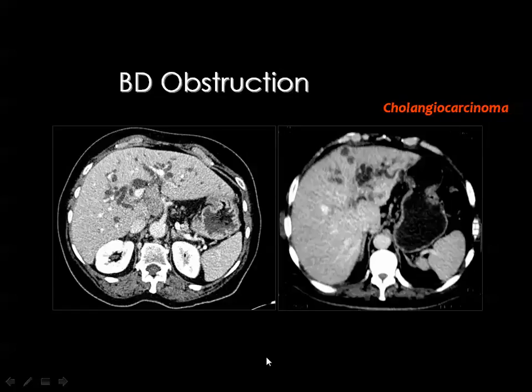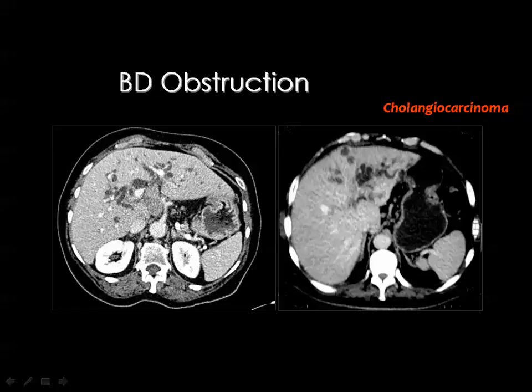Then we came to the issue of jaundice or biliary obstruction, and I have said that whenever you look at the contrast enhanced CT scan, and you see multiple linear hypodensities going through the liver parenchyma, you know that these are dilated biliary radicals, and you should look for the site of obstruction and the cause of obstruction.